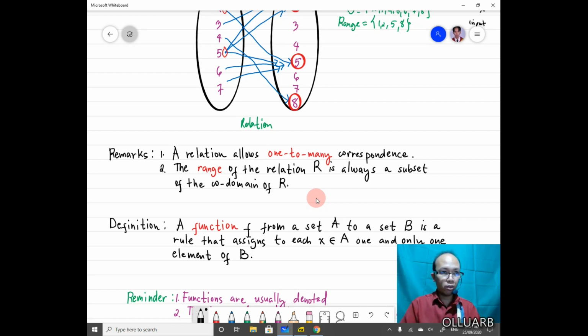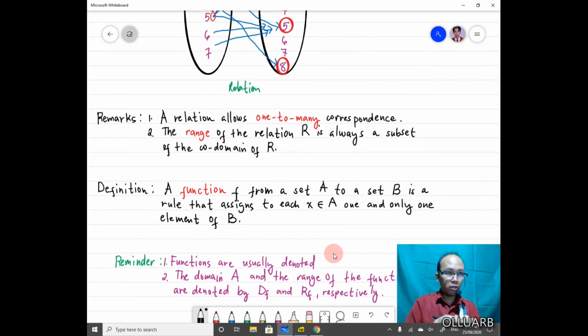If you look at the definition, it's just the same, but here our notation is small f. For the relation we use the capital letter R, but for the function we use letters like f, g, h, and sometimes capital letters, but not the letter R. We reserve that for the relation.